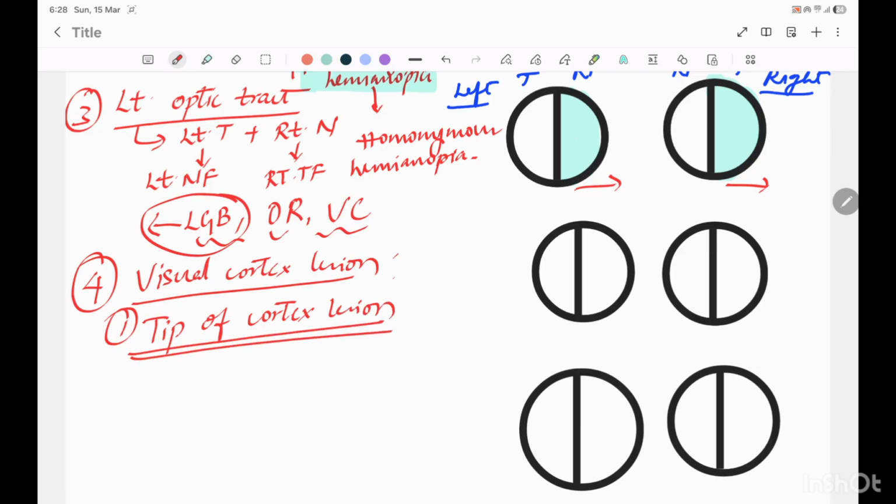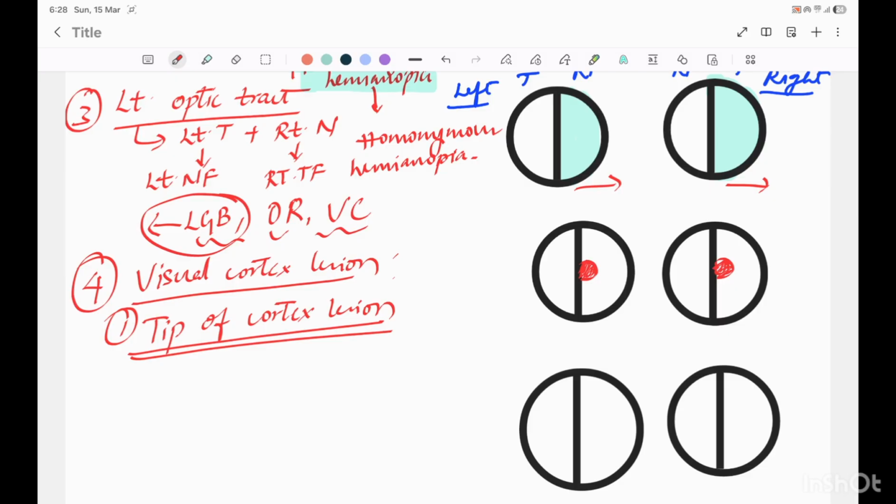If the tip of the cortex is involved, only this part of the visual field will be lost. That is a homonymous macular defect.